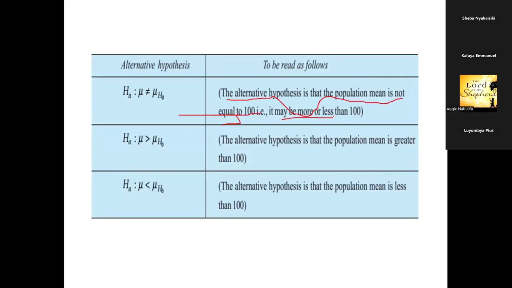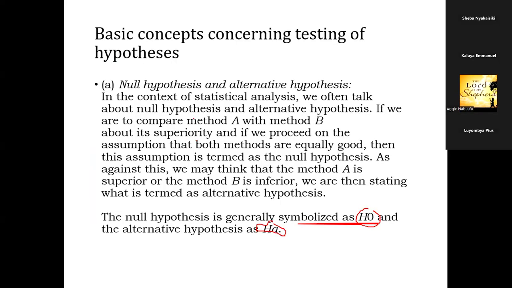It could be more or less. Then you have an alternative hypothesis that the population mean is greater than 100. Then you have the alternative hypothesis that the population mean is less than 100. Okay, so these are different hypotheses. Let's first come back to this one.